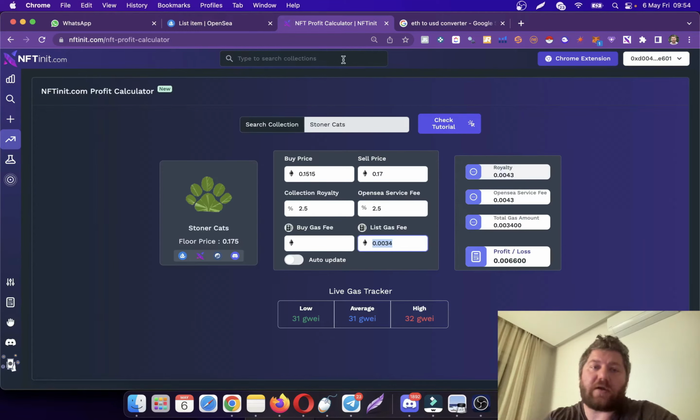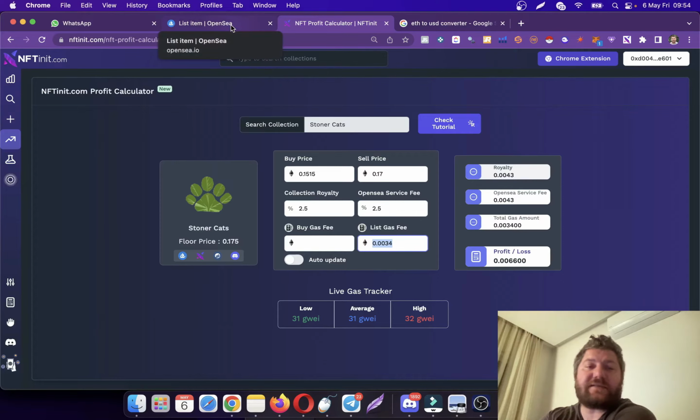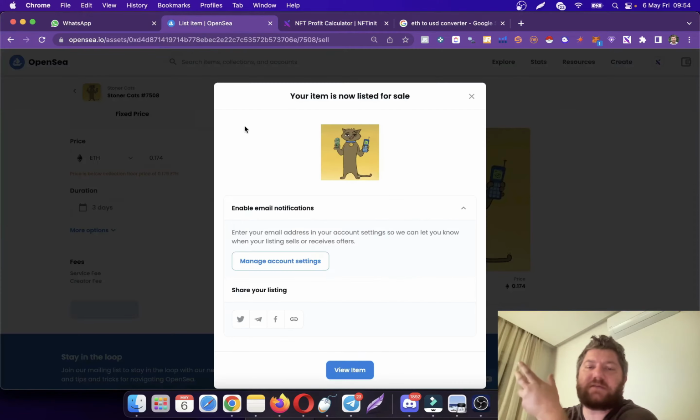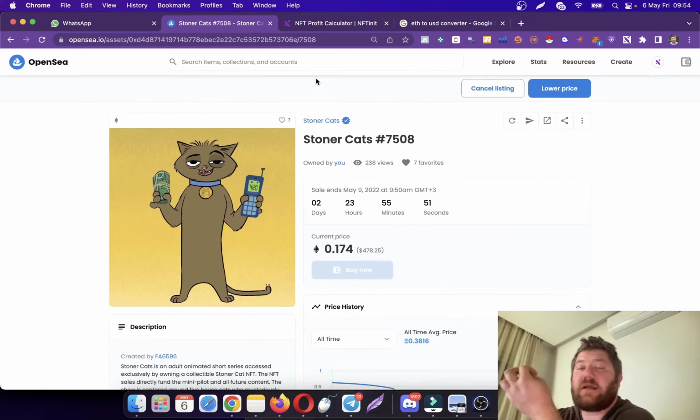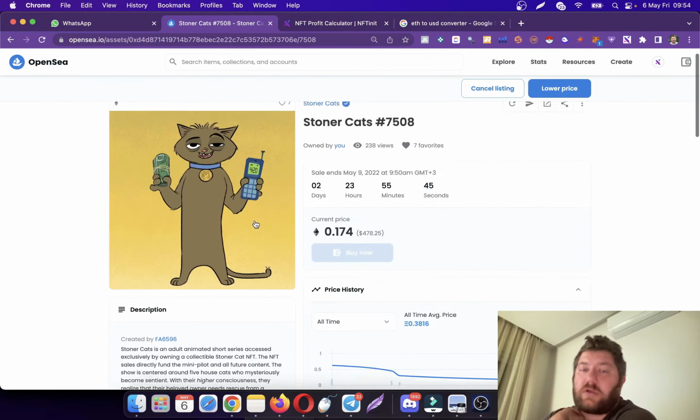That's all. Okay, so I think this would be a nice example of making some quick money. As I mentioned, I just wanted to show you guys that sometimes it can take longer to get a bid accepted. It also depends on how active the collection is and how much you are bidding. Usually I don't bid for a collection that is so low.